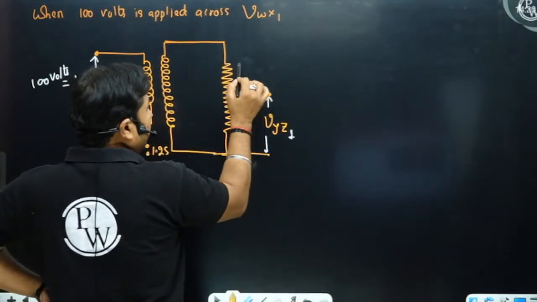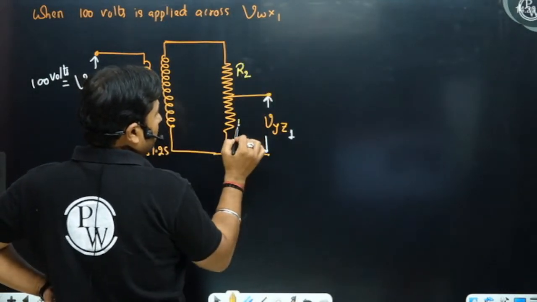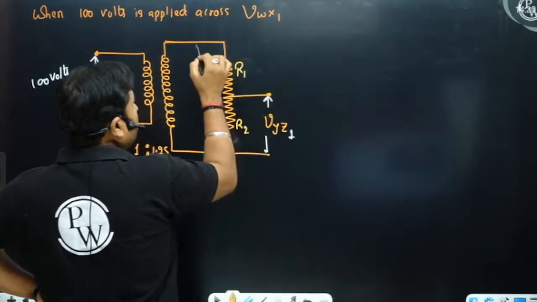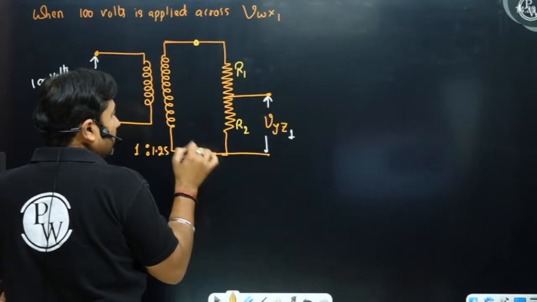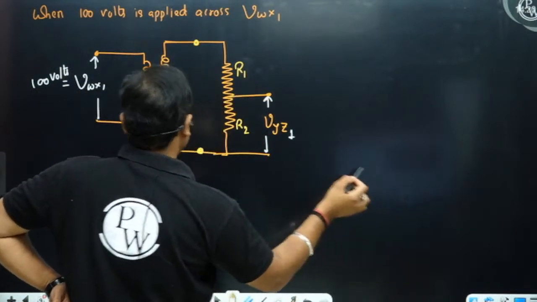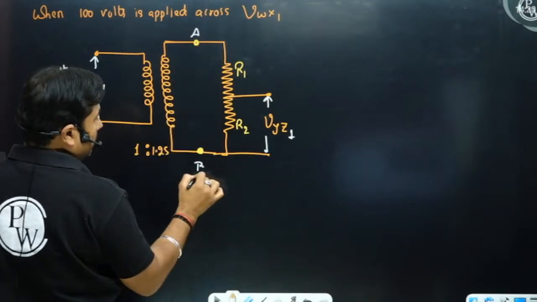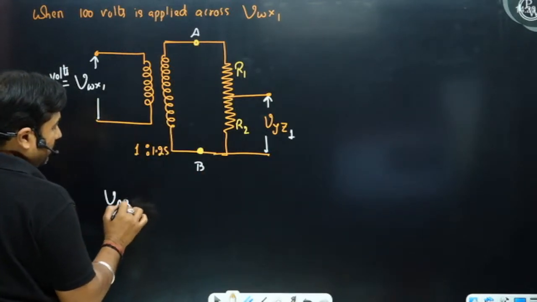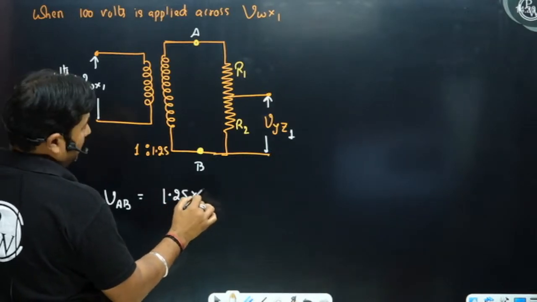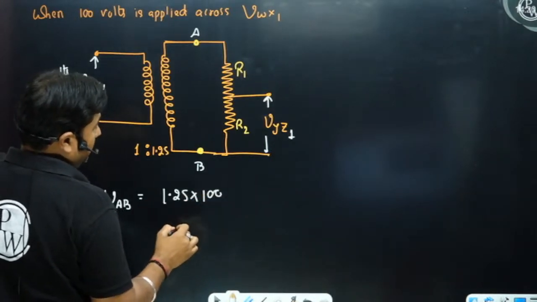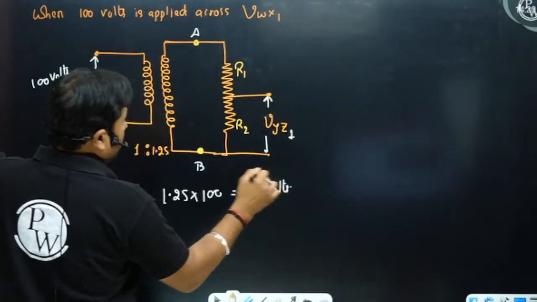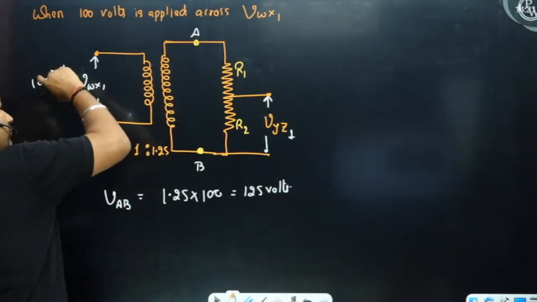An attenuator may have resistances, let us suppose R1 and R2. So the voltage appeared across this part when it is open circuited will be VAB. VAB will be equal to 1.25 times 100 volt, that is 125 volts. I am just referring this side voltage to this side.